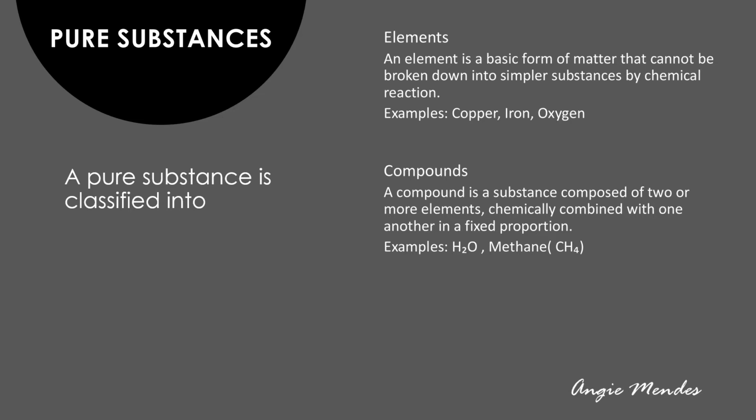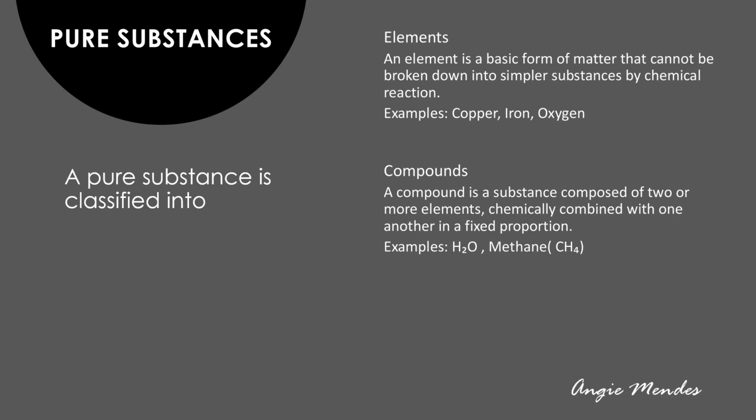Now, compounds. A compound is a substance composed of two or more elements which are chemically combined with one another in a fixed proportion. If you take a water molecule, we know to form a water molecule we have two atoms of hydrogen and one atom of oxygen. These two combine together to form one molecule of water.